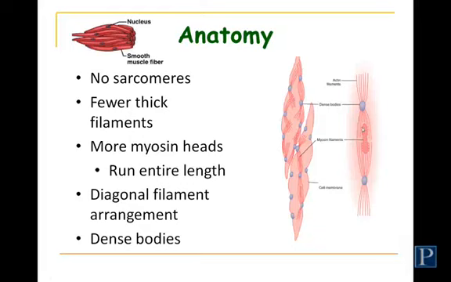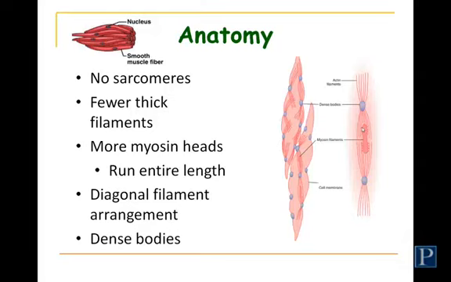The myosin heads run the entire length of the myosin, and so the smooth muscle contractions can be just as powerful as skeletal muscle, because the tension comes from the myosin reacting with the actin filaments. So you can get very powerful contractions from smooth muscle.